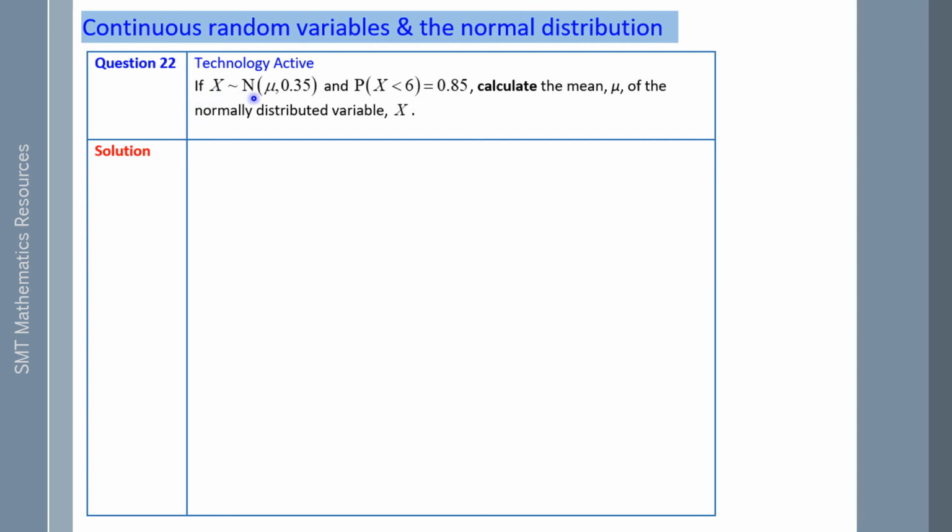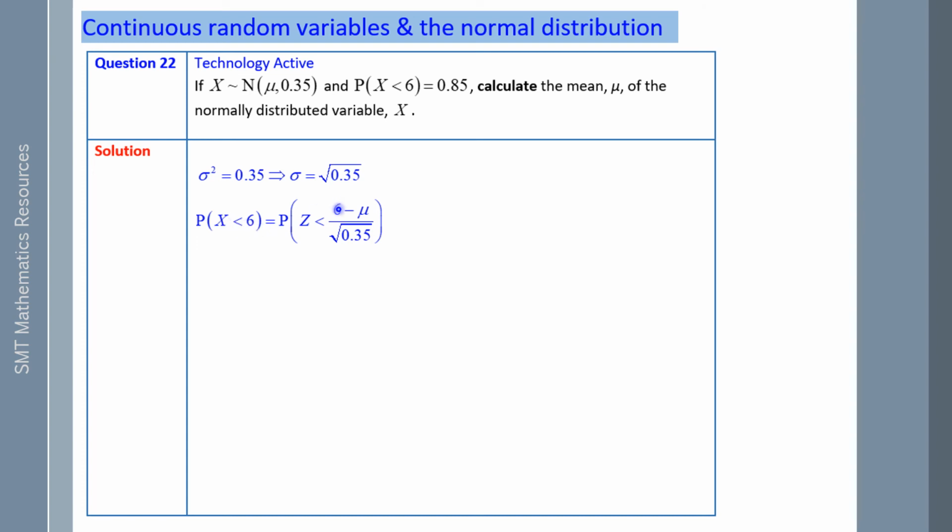If x is a normally distributed random variable with a mean of mu and a variance of 0.35, and the probability of a certain score, like x being less than 6, is 85%, calculate the mean of the normally distributed variable x. So let's first of all write a variance being 0.35 and a standard deviation is the square root of 0.35. The probability that x is less than 6 would be a z score.